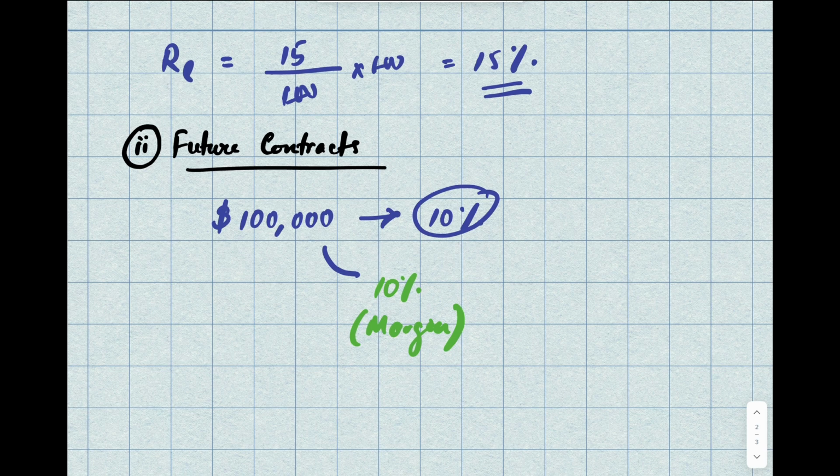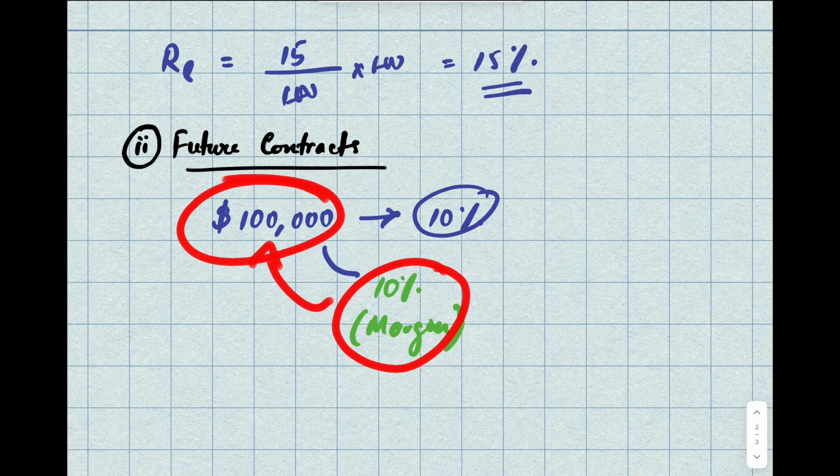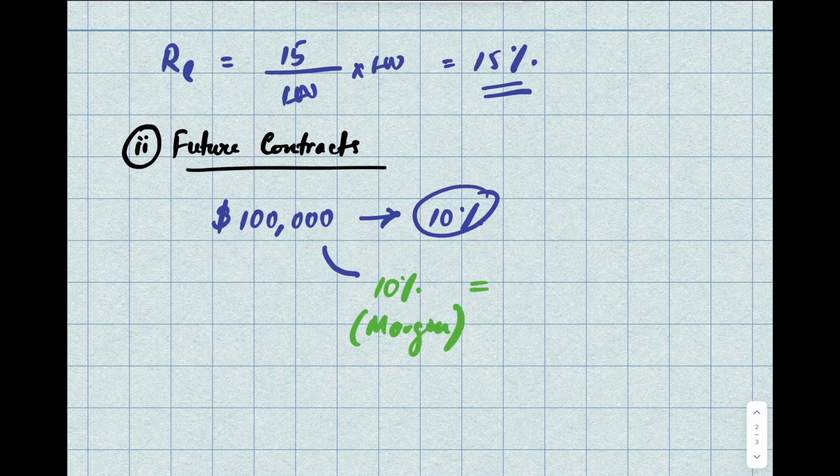The guy who's selling also deposits margin money so that the stock exchange is sure that you both are serious. So you deposited 10% of what? Of this asset. So you deposited $10,000.